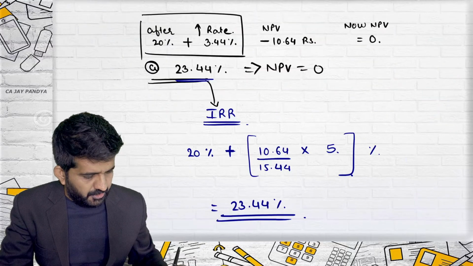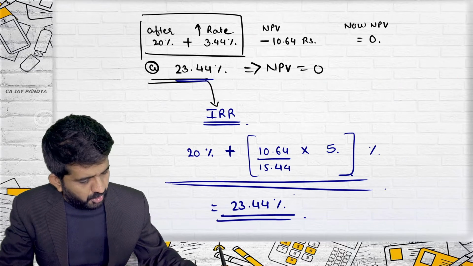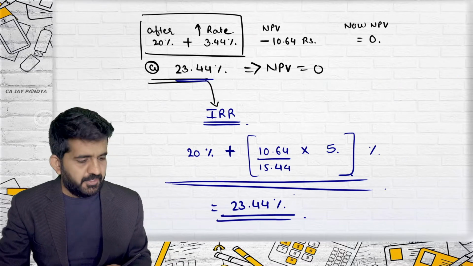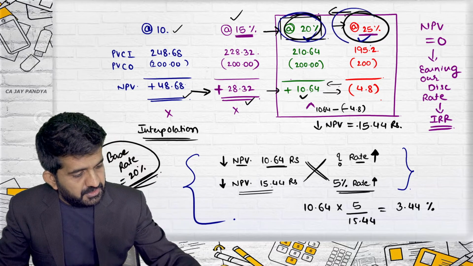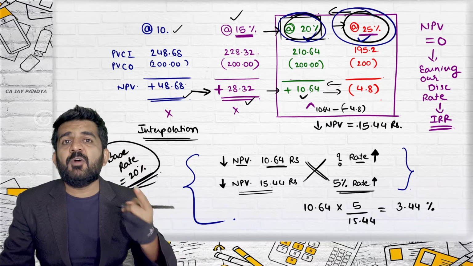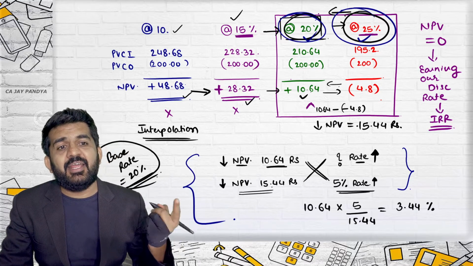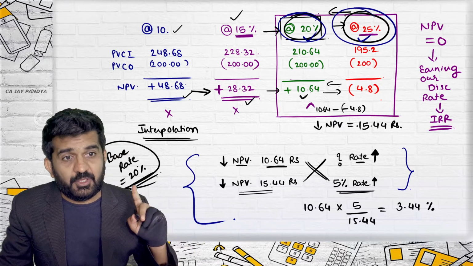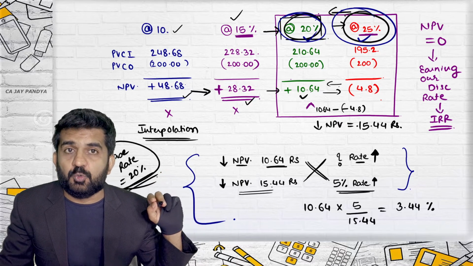Try to concentrate now. This is how I have got 23.44%. You should be ready with the two figures. At one rate, your NPV should be positive. At the second rate, your NPV should be negative. Then only you can apply the formula which we are trying to derive.